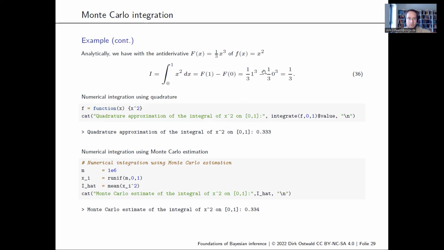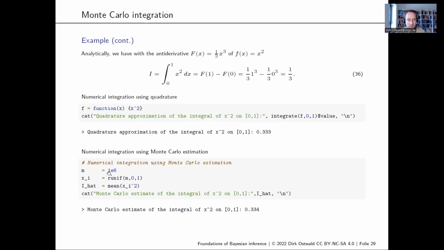The analytical solution is 1/3 for this integral here, 0 to 1 of x squared. The quadrature solution is also 1/3, and the Monte Carlo estimation of this integral approximation is 0.334, so almost 1/3.